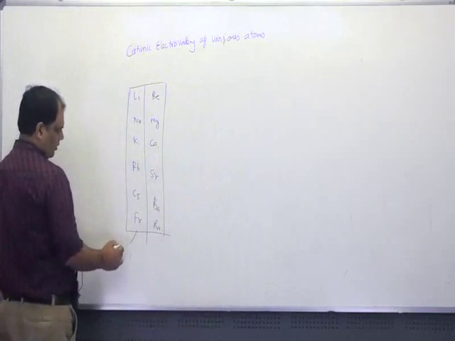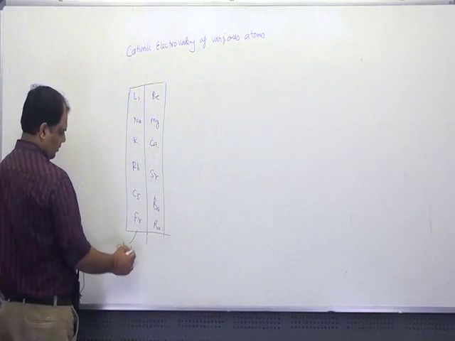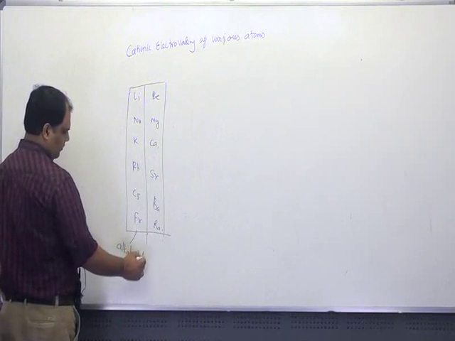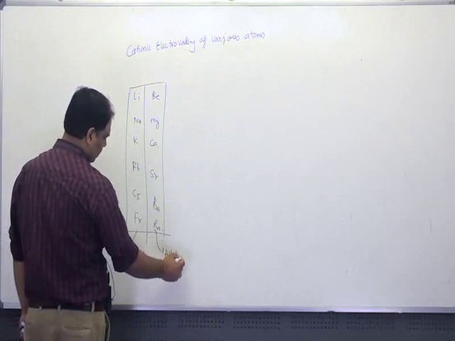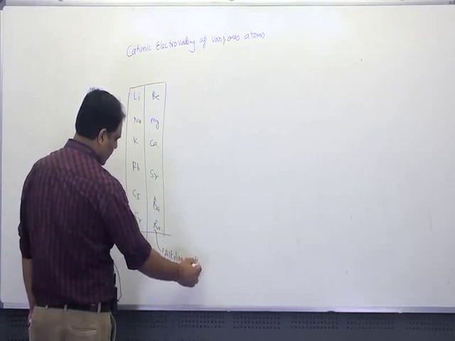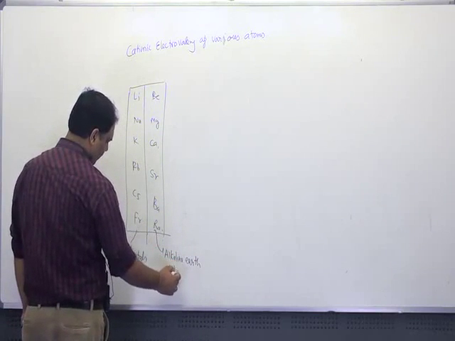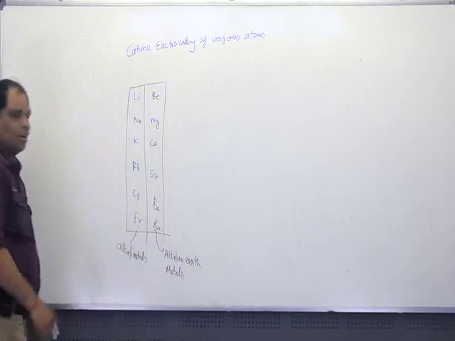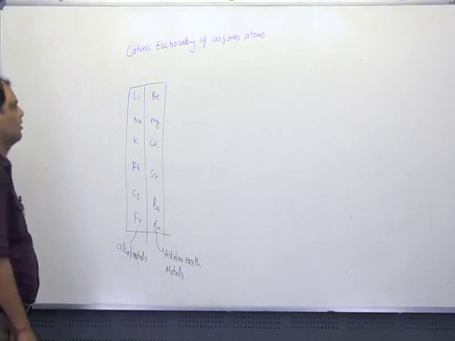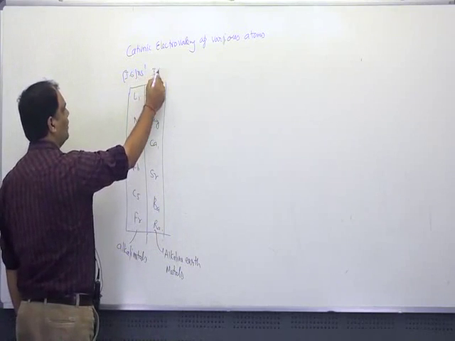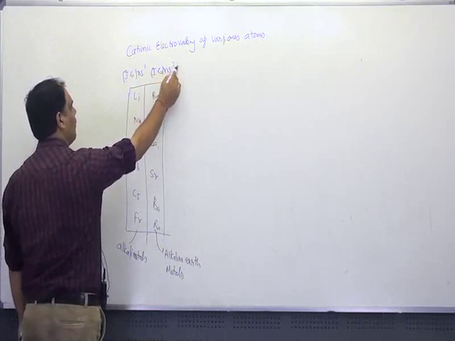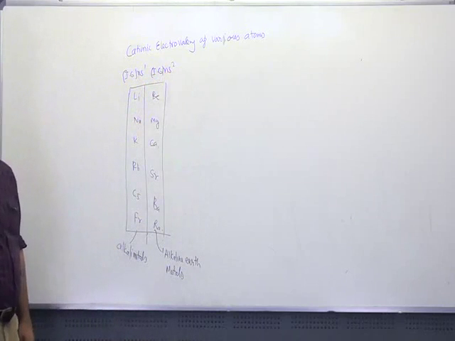These are called alkali metals, and these are referred to as alkaline earth metals. Now the general configuration of these is inert gas ns1, inert gas ns2. This is the general configuration of these metals.